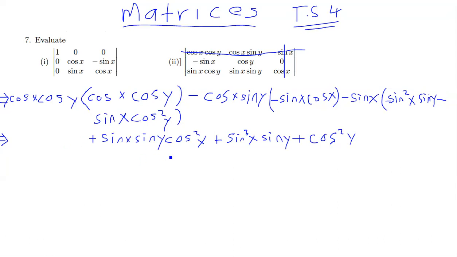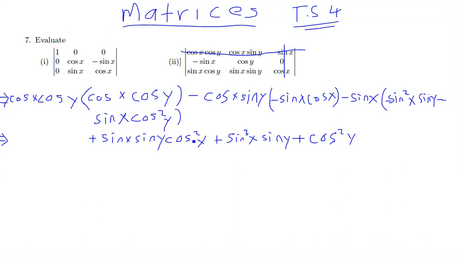So how else can I simplify the remaining parts here? I think this cos squared x can also be written as 1 minus sine squared x.